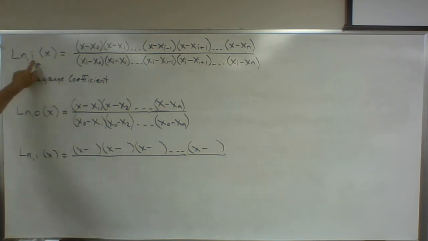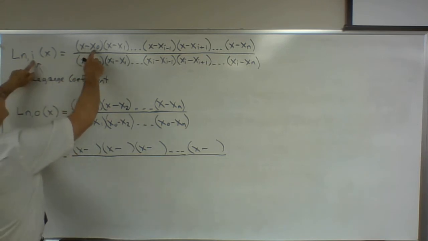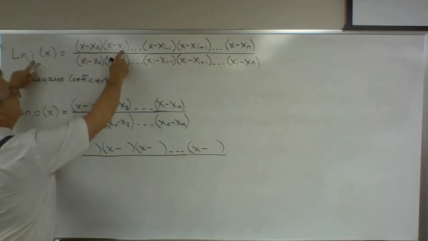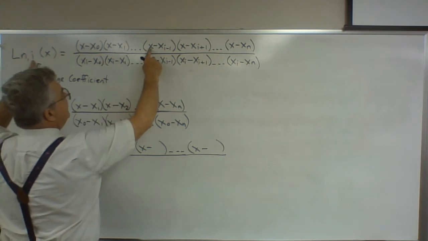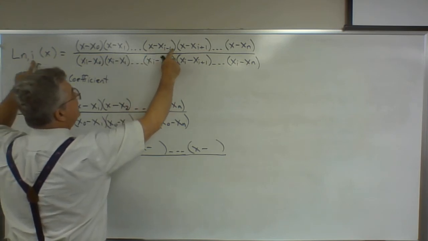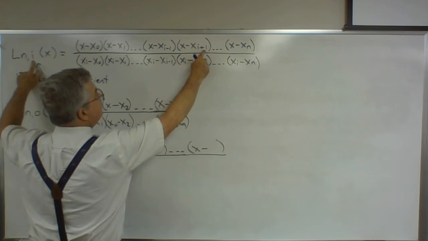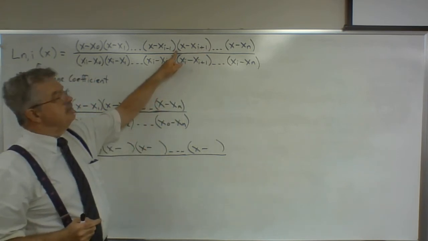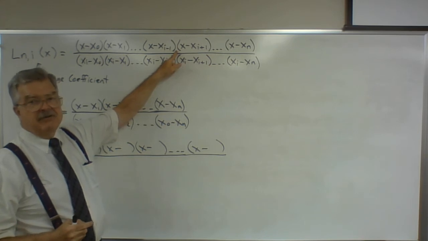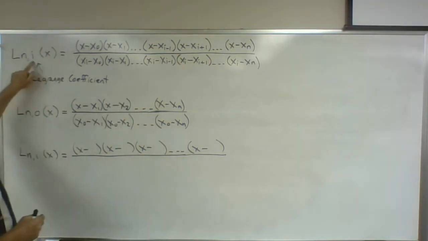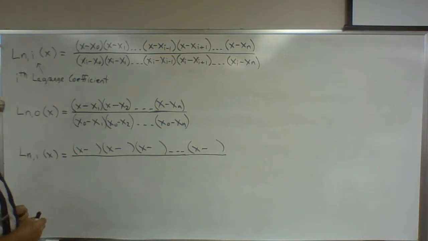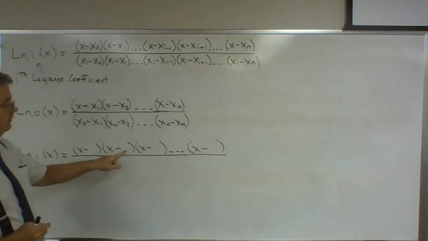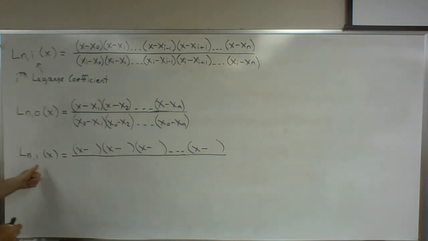In our model, we have x minus x0, x minus x1, dot, dot, dot, x minus x sub i minus 1, x minus x sub i plus 1. The only factor that's missing here is x minus x sub I. So the only factor that's going to be missing up here is x minus x sub 1.